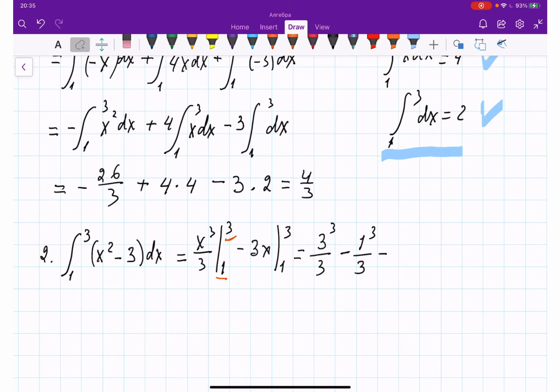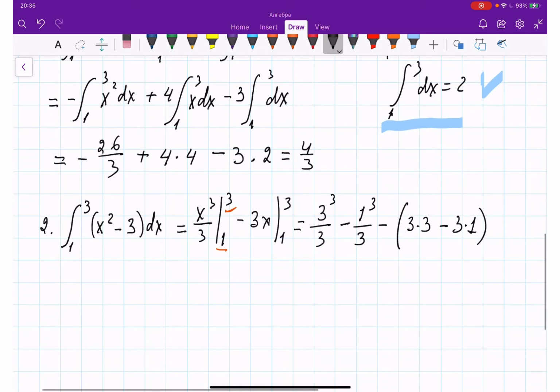So in parentheses, we have 3 times 3, since there is no division, let me write down 3 times 3, and then minus 3 times 1.